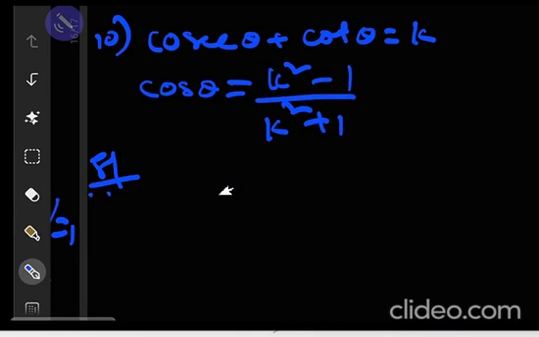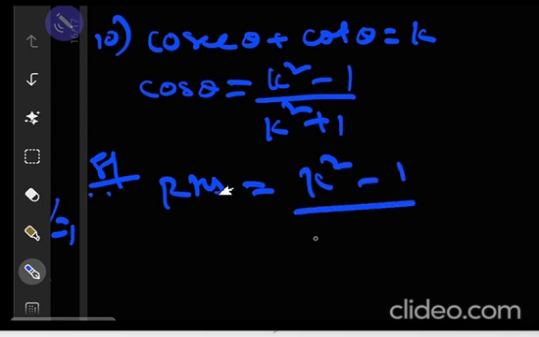So take this one, RHS, and substitute the values. So k square minus 1 by k square plus 1. So what is k? Cosecant theta plus cot theta, right?